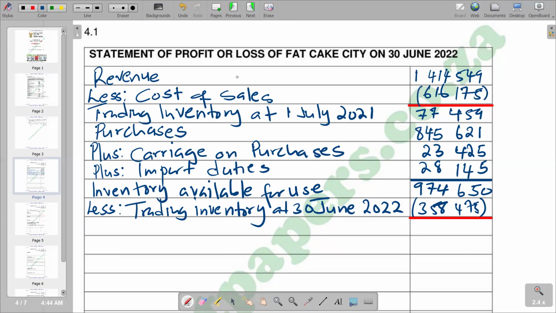So now we say revenue minus cost of sales. You're supposed to get your figure for gross profit for the year.